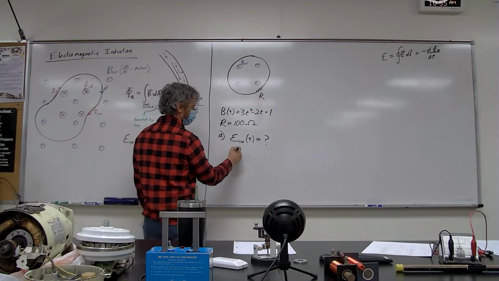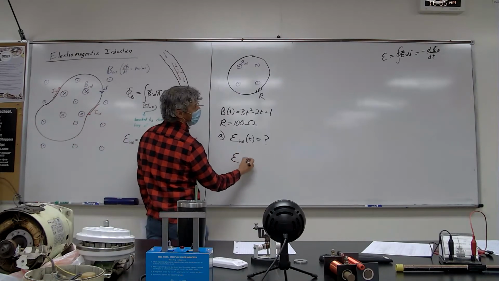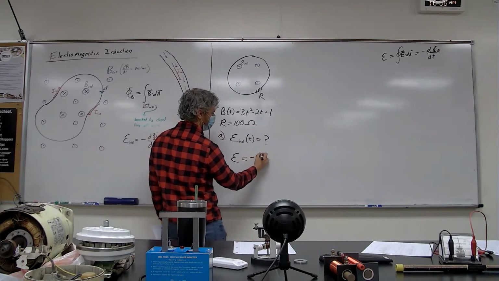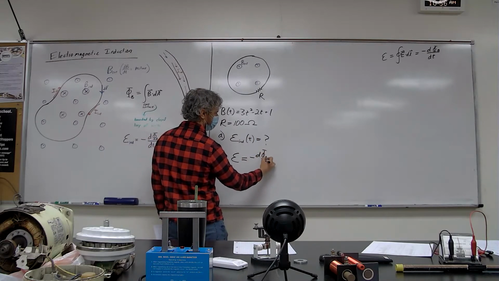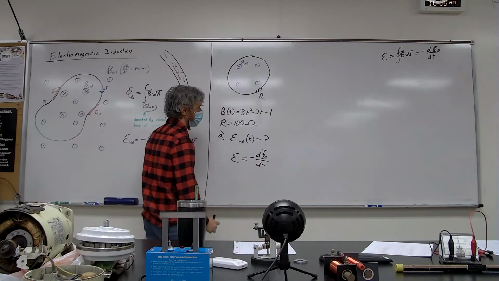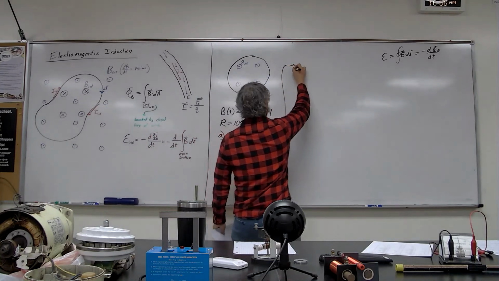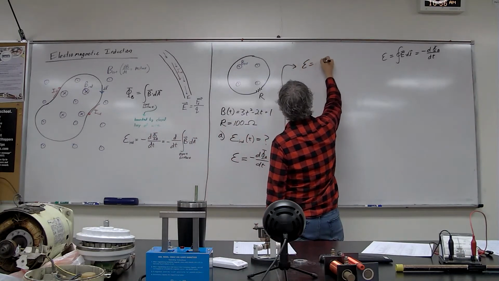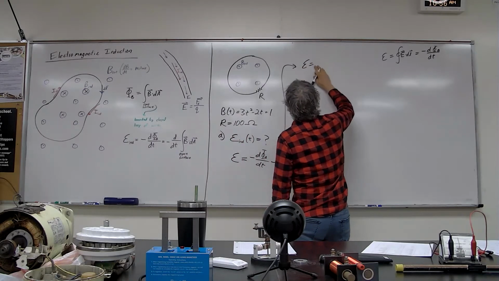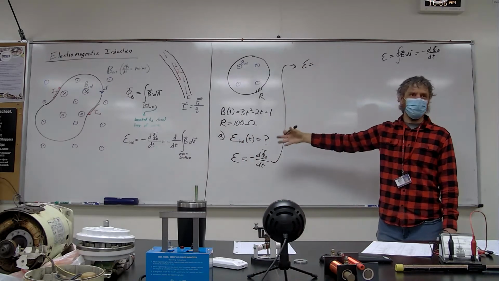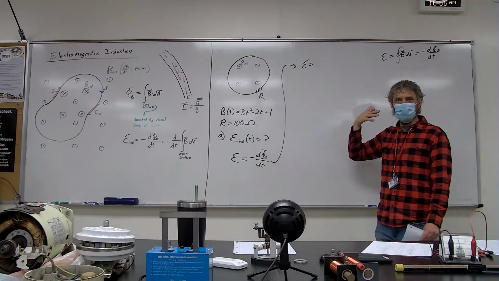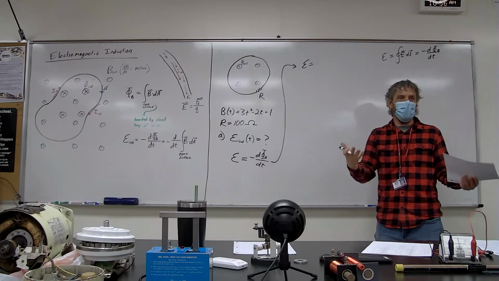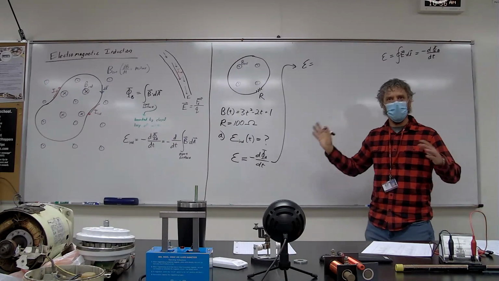So to figure out what this is, I'm going to use the negative derivative of the magnetic flux with respect to time. In practicality, I'm going to drop the negative, and a later part of this problem will ask about the direction, but I'll use the right-hand rule when I get there.